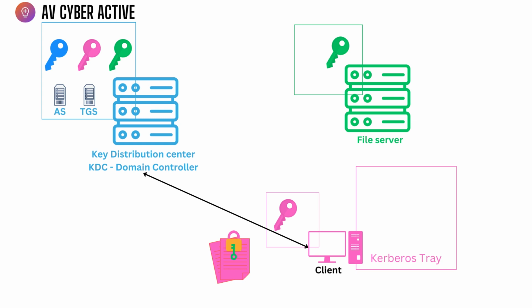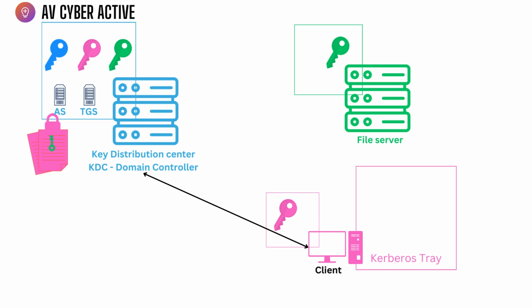Now, a portion of this is unencrypted, a message like the username and some more details. That way, when this gets sent off to the KDC or the domain controller, the KDC can see who's trying to authenticate. But another portion of this is encrypted using the user's password.